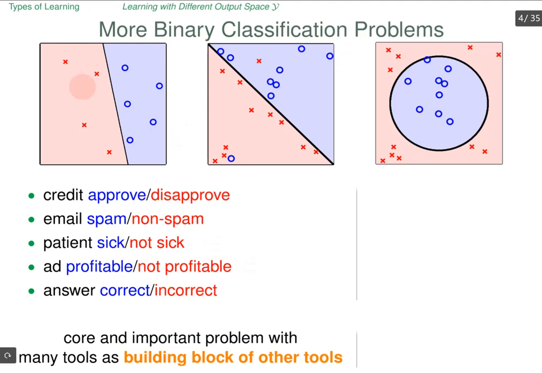We can see we are interested in finding this hypothesis that separates, for instance, good from bad. So this could be approve, and this could correspond to the disapprove or deny credit application region. And also similarly here we see. So binary classification tasks involve finding one decision boundary that separates the data into two classes.